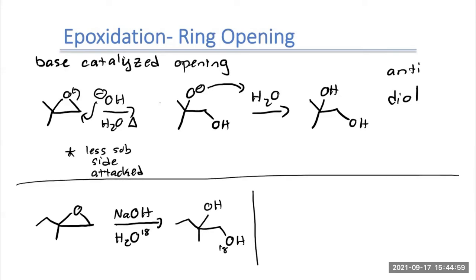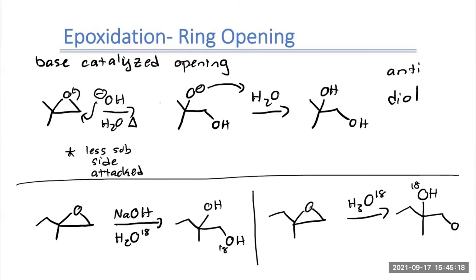And in the acid, if we do the same thing, but now our acid oxygen is the O18 isotope, we end up with that O18 on the more substituted side. So we can see they go through different mechanisms because that isotope ended up on a different carbon in a different position. So it's important to know the mechanism and which mechanism you want to go through.